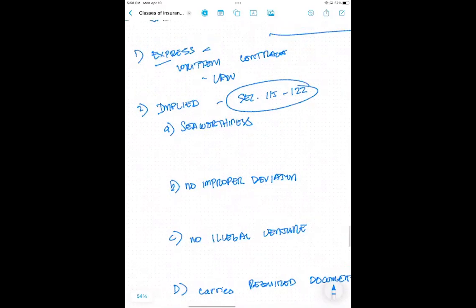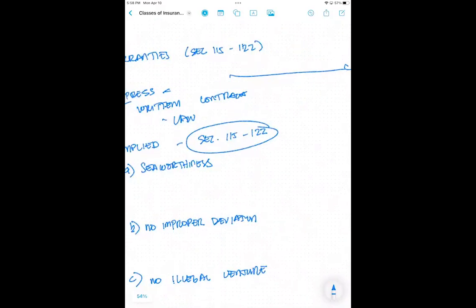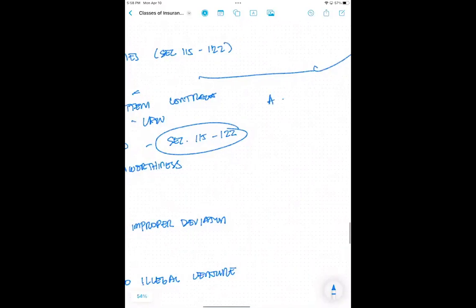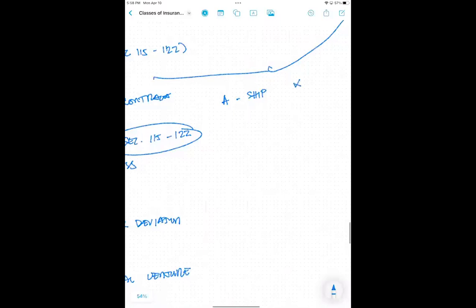Let's say, for example, A insured a ship with XYZ Insurance, and the ship sank because it was not seaworthy. When A tried to recover compensation from XYZ, XYZ refused to pay on the ground of the ship not being seaworthy.